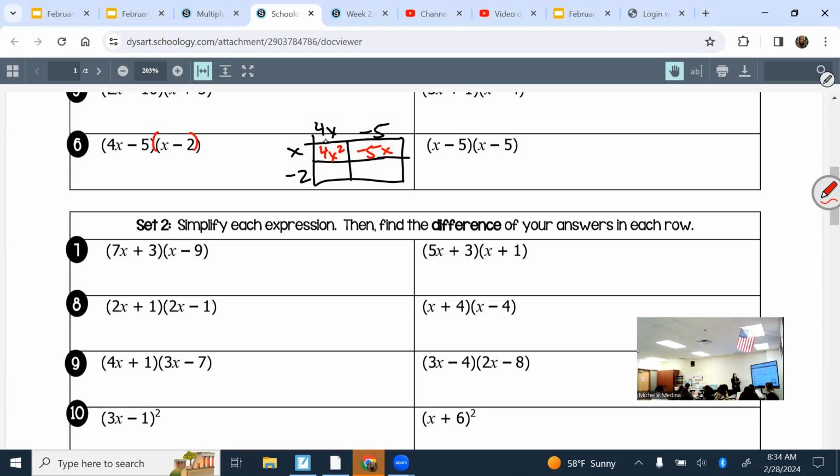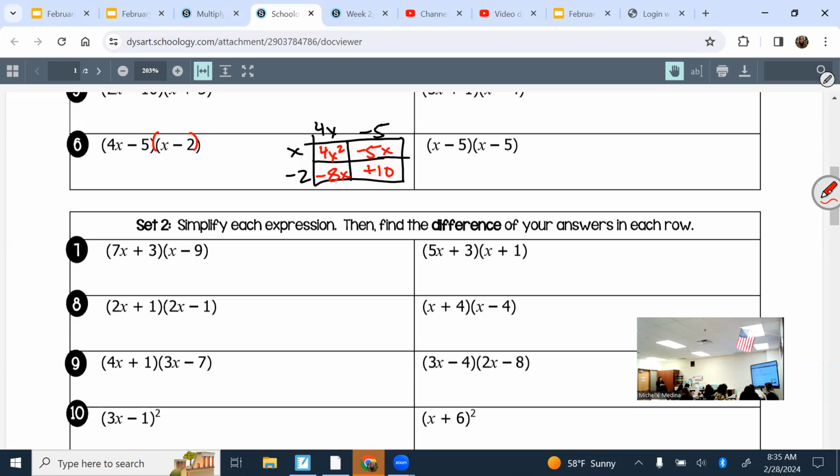Table 6, what's 4x times -2? -8x. And then table 7, -2 times -5. A +10.